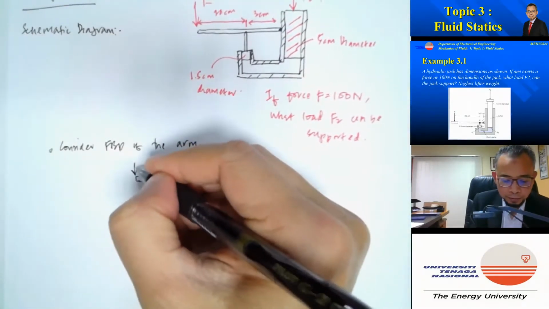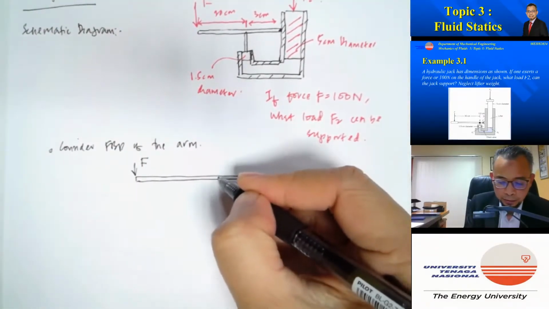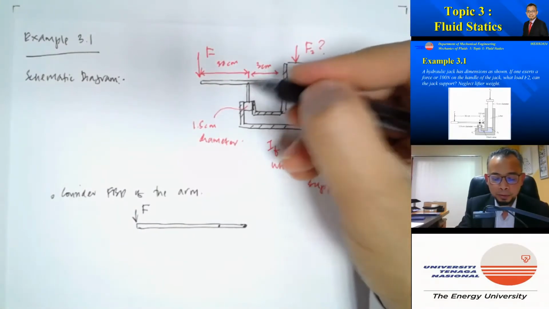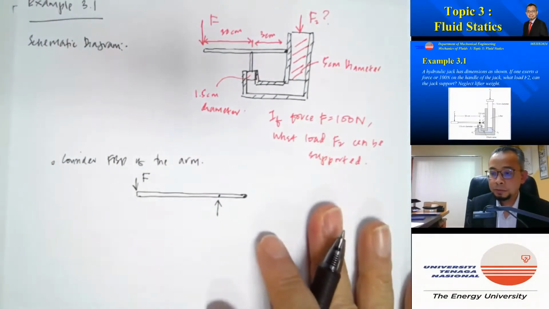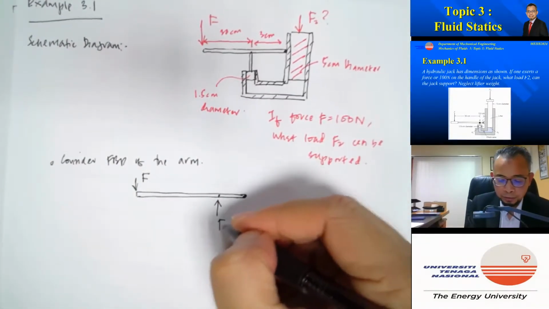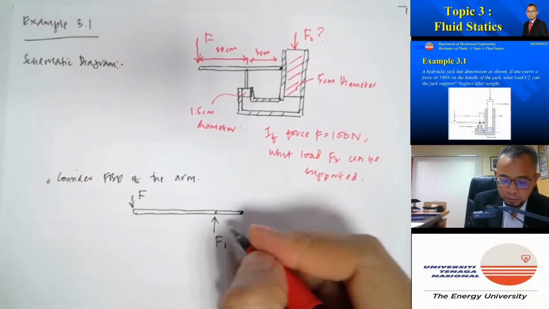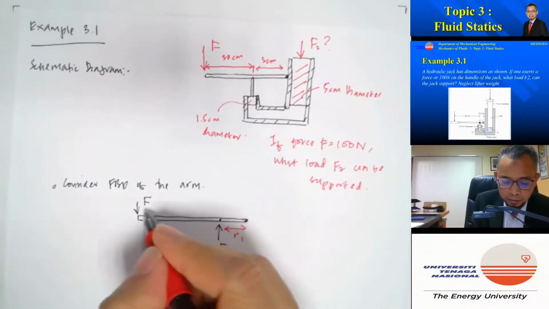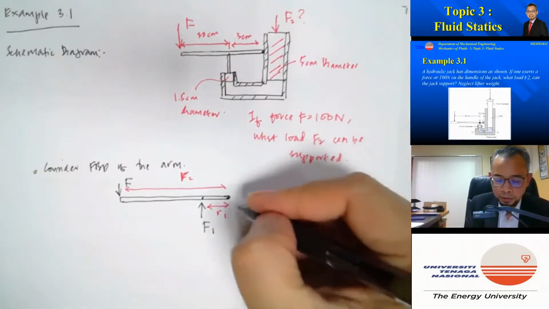So the force F is being applied there, and then as we apply the force here, there'll be equal and opposite reactions. So the force is there, call that one F1, and let's call this arm R1, and then this arm here is called R2. So it's hinged here.